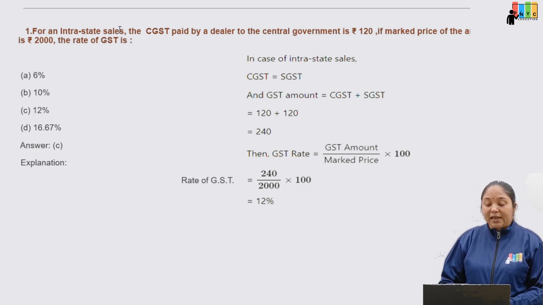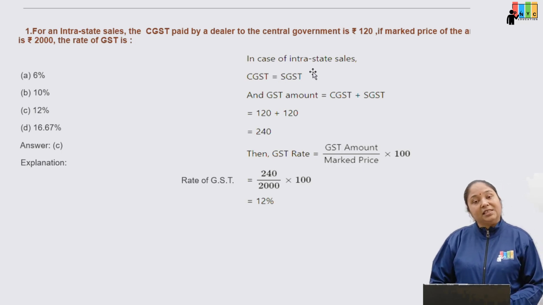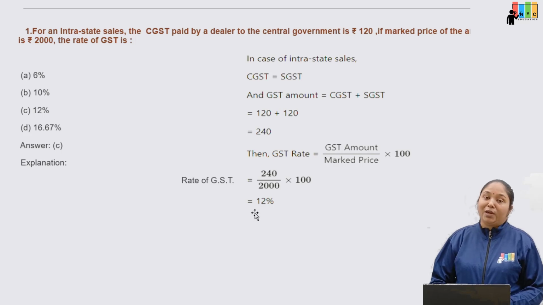Now we know for intrastate sale, CGST is equal to SGST, and the GST amount will be the addition of CGST plus SGST, that means 120 plus 120, that is 240 rupees. So the rate of GST will be the GST amount upon marked price into 100. GST amount is 240 upon marked price 2000 into 100. What we get? 12% is the rate of GST. So the correct option is 12%, that is option number C.